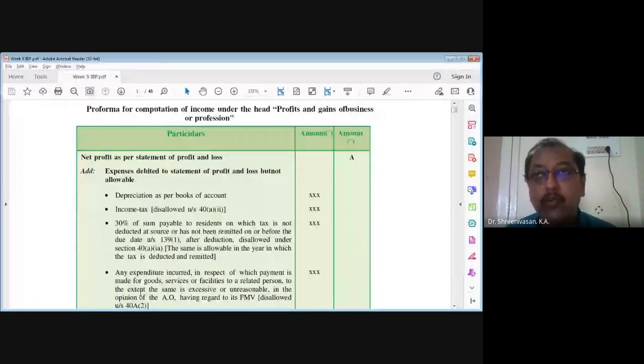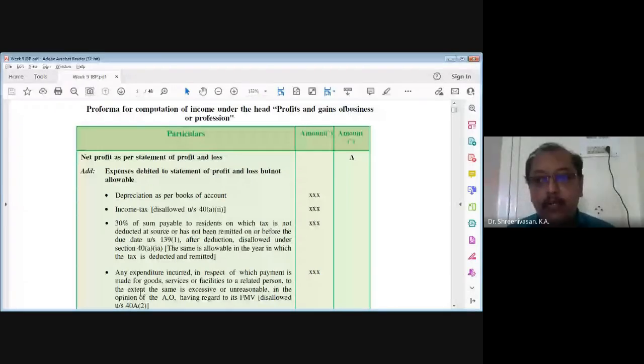So which is not allowed, it is going to be added back to the net profit, so that your net profit will show an escalated amount. And we are going to deduct some of the expenses which are allowed by the Income Tax Act to be claimed under the income from business or profession.